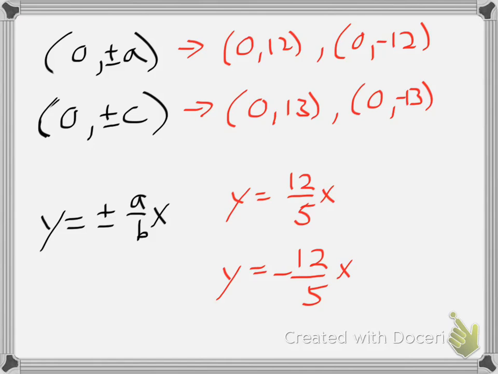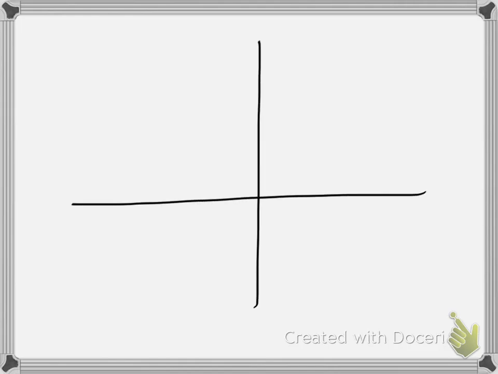Remember, the equations for these asymptotes come from the central box that is always constructed with the hyperbola, this distance of a, and this distance of b, and I should reverse this since we are oriented along the vertical axis.